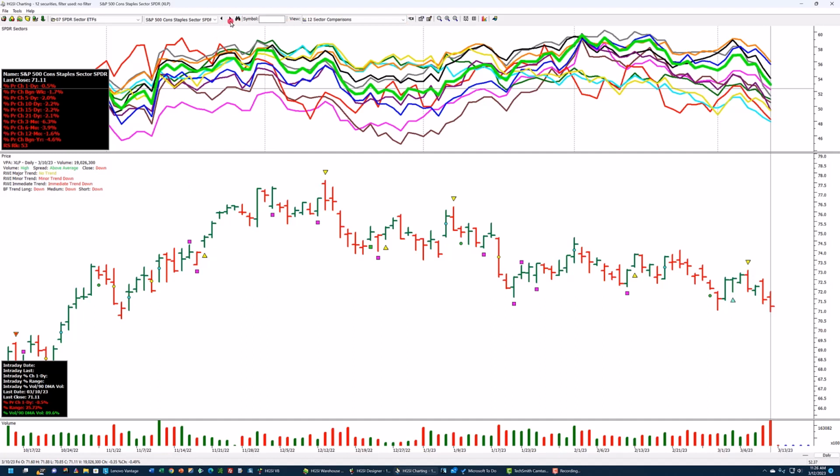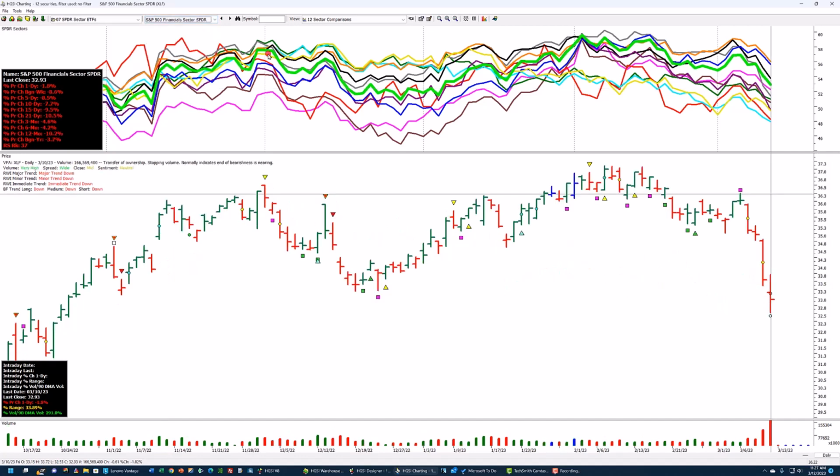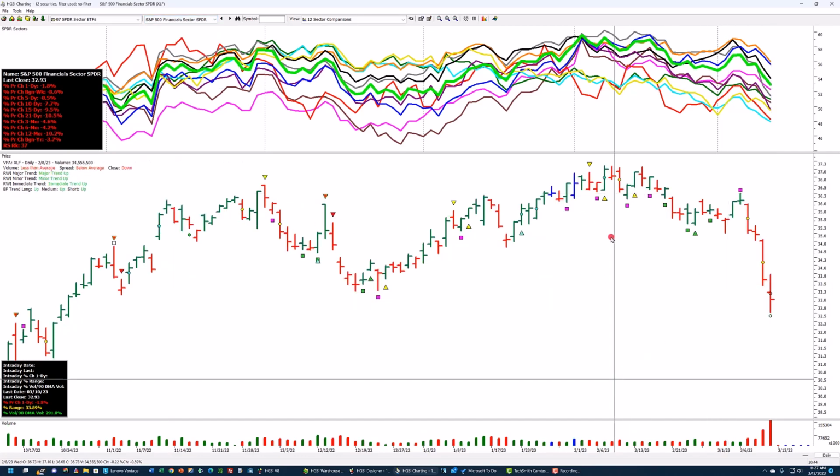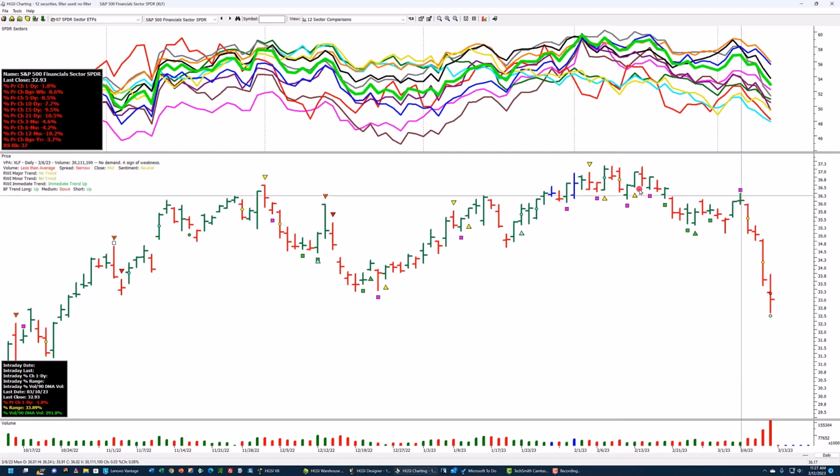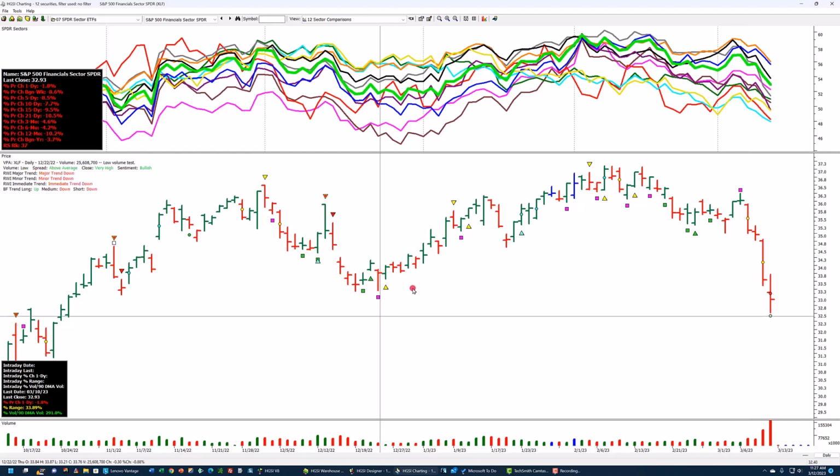But if you want to analyze individual charts, within this Spider sector folder you can come in here and select any of these. Let's just go to the financials, and then you can get a clear picture of what the VPA flags are, and you can draw lines for support and resistance.